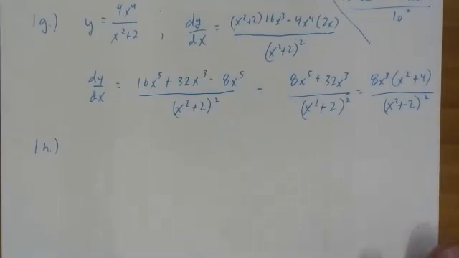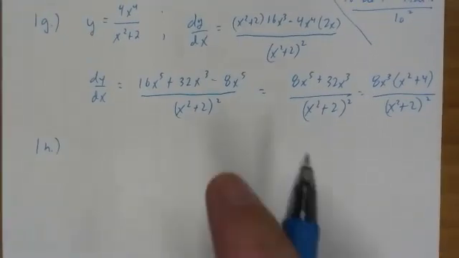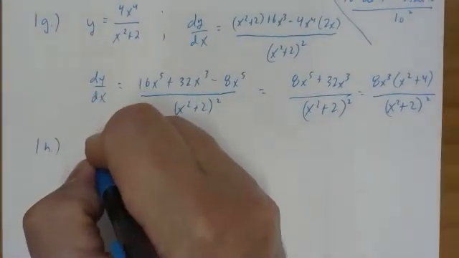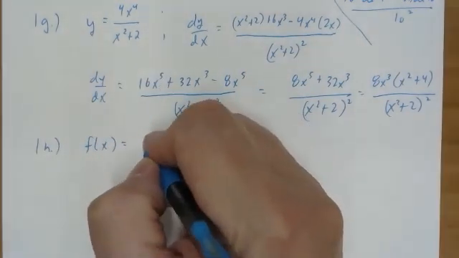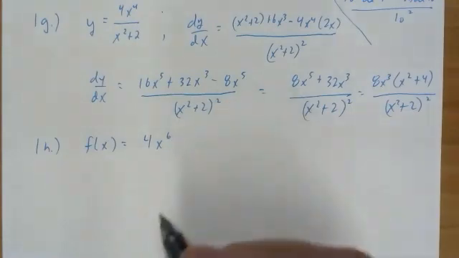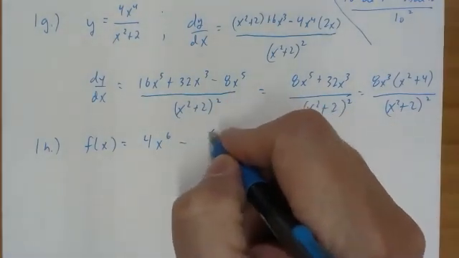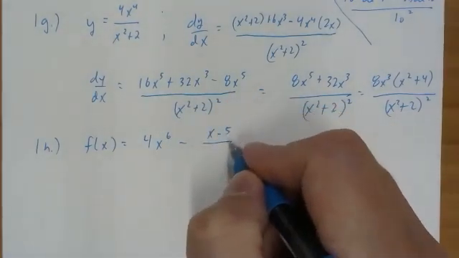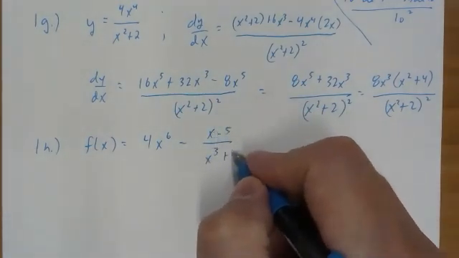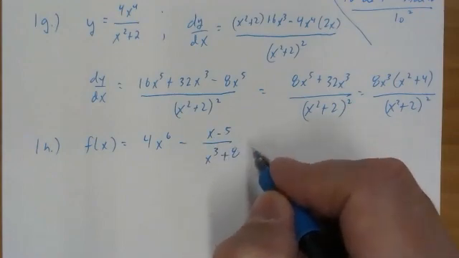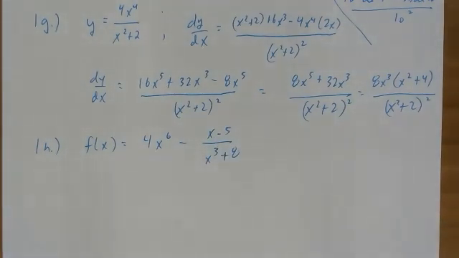And then this last one. F of x equals 4x to the 6th minus x minus 5 over x cubed plus 8.